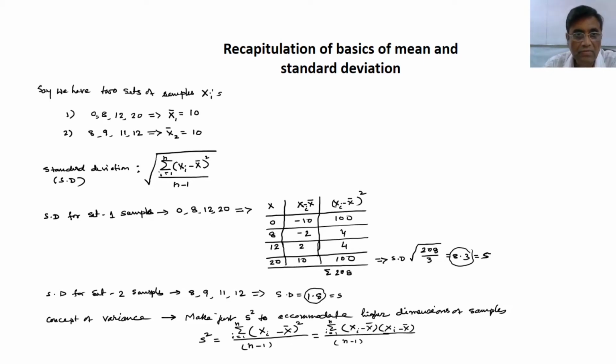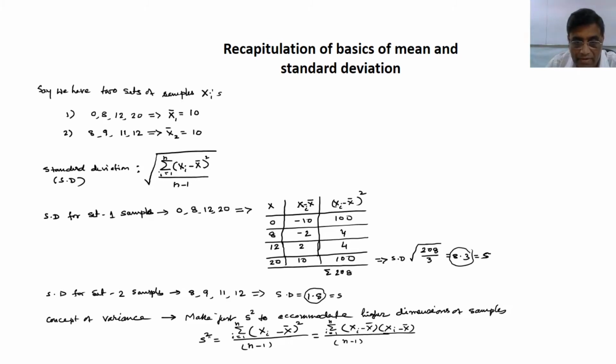In one dimension, when you are calculating standard deviation, there is no need of a square. But if you have 2, 3, 4, 5, 6 multiple dimensions, then standard deviation cannot be calculated. So we introduce a concept called variance by squaring it, and then you see how we can accommodate.